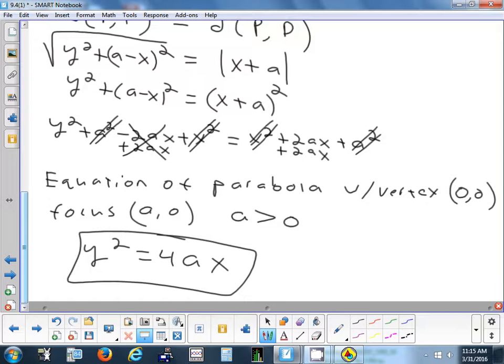Okay, so that's the equation of a parabola with the vertex at the origin. The focus is on the positive x-axis, and it's opening to the right.